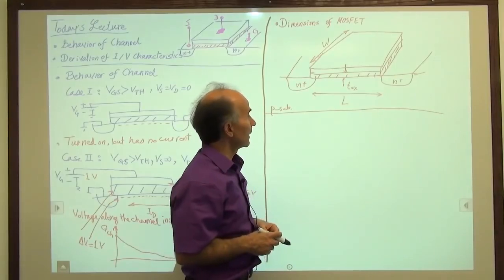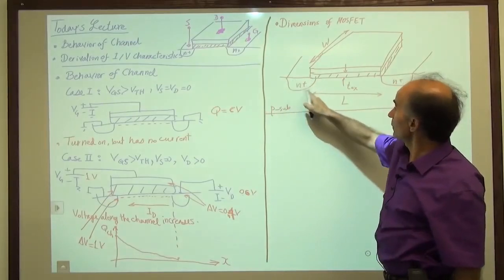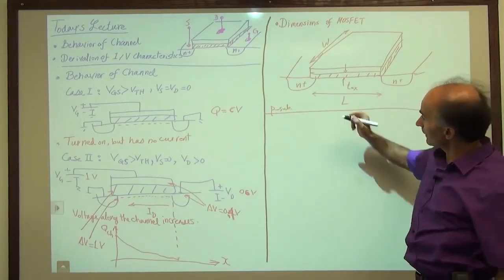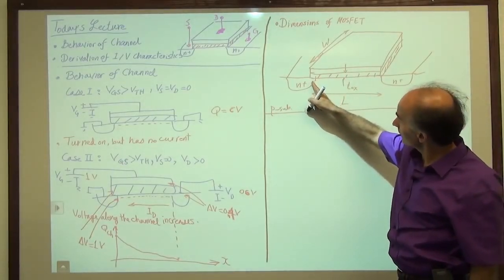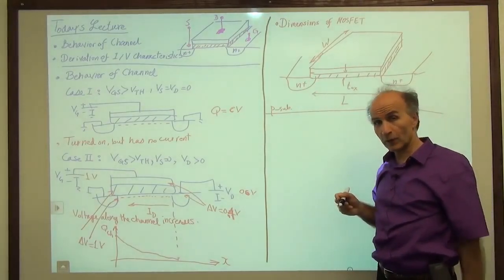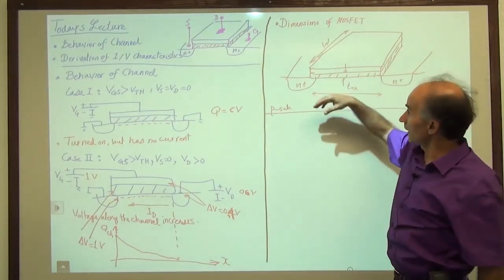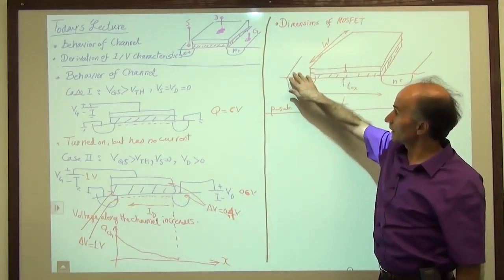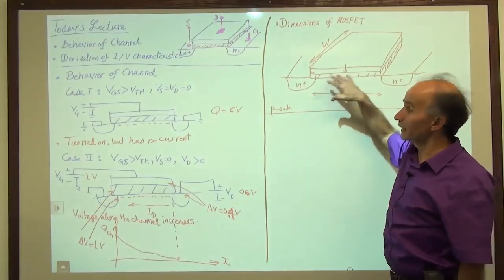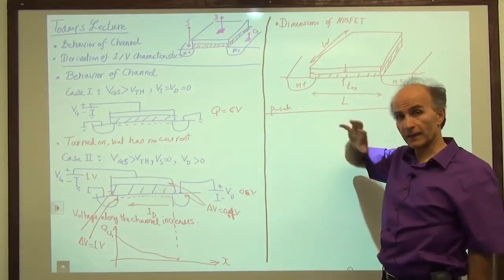A quick note about this L. When I draw these source and drain areas, sometimes you might have seen that this doesn't start at the edge. It actually starts from here, and you might have been wondering why. This is because during fabrication, we implant these regions during semiconductor processing, and then heat the chip up for all of these to settle, to heal, as they call it, to anneal.